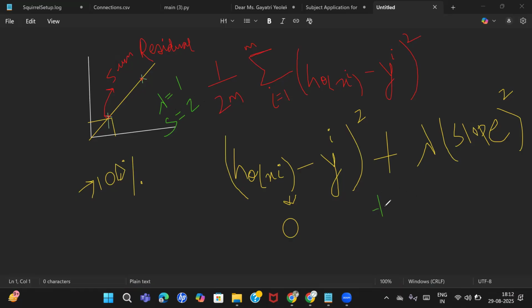So it will be 1 into 2 square, and the value will be 4, right?